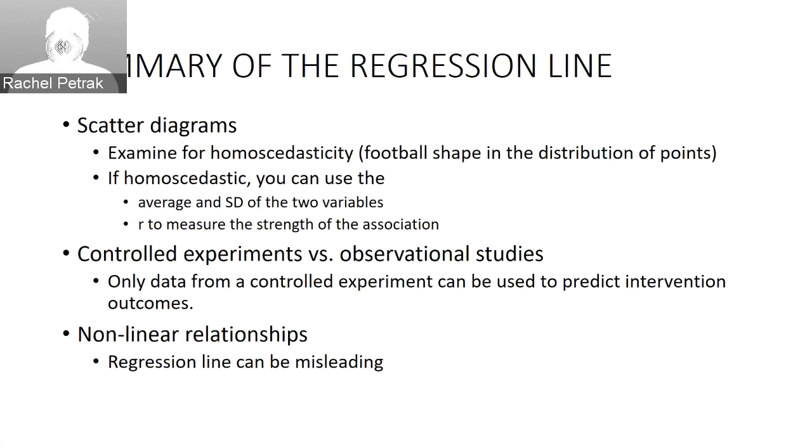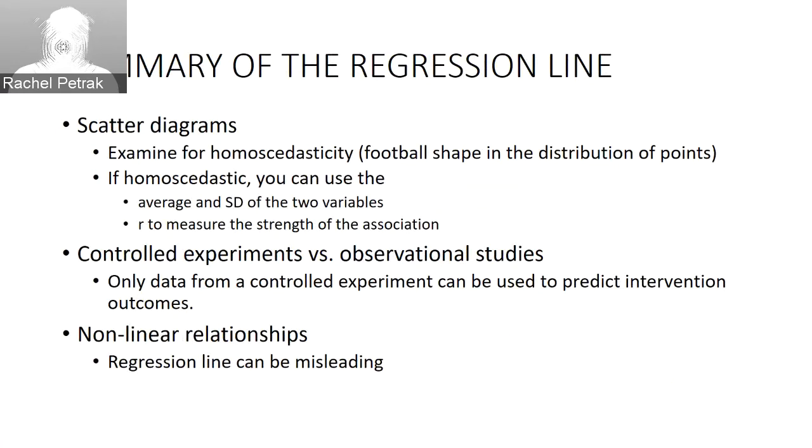And the way to really confirm that is to look for homoscedasticity. This generally looks like a football shape in the distribution of points, and it means that there's a similar spread across the distribution. If you have that, you can go ahead and use the standard descriptive statistics in your model.